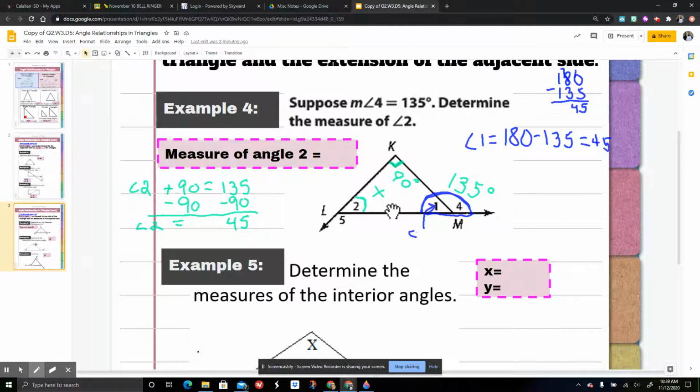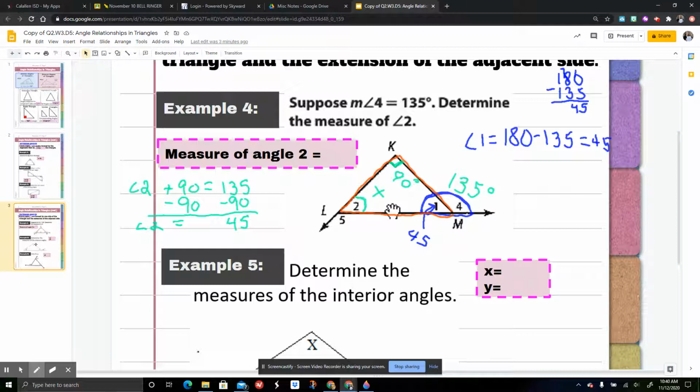Angle 1 is 45. And because I know the interior angles of a triangle, remember I still have my triangle here. So I know angle 1, angle 2, and this right angle, they all add up to 180.